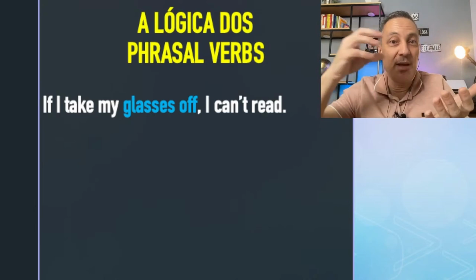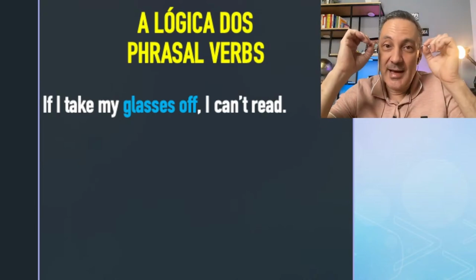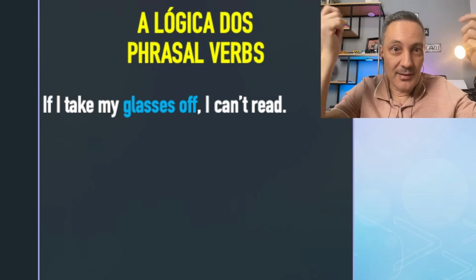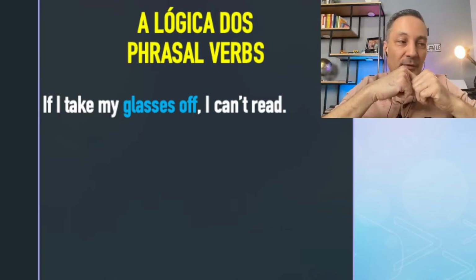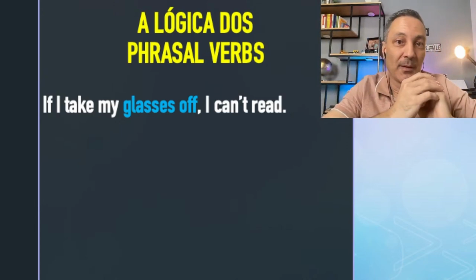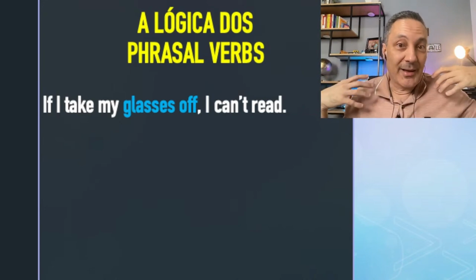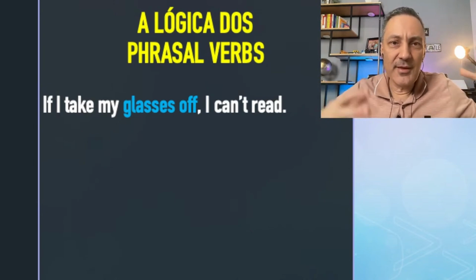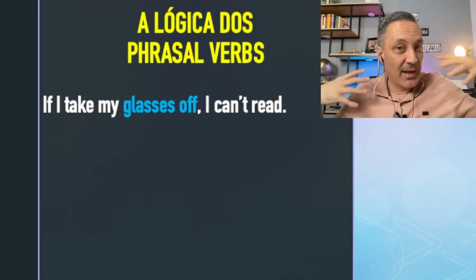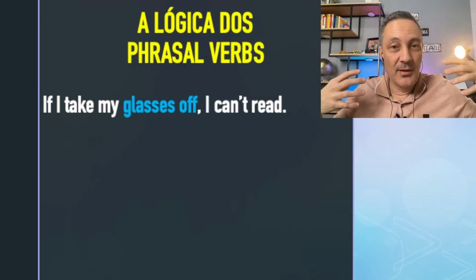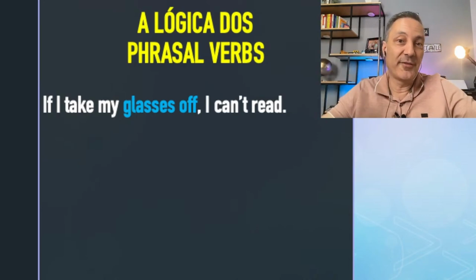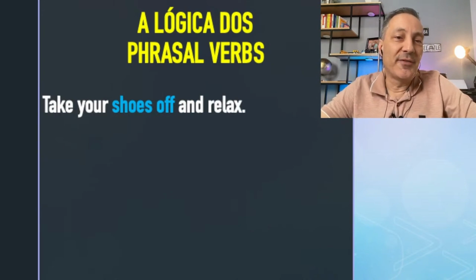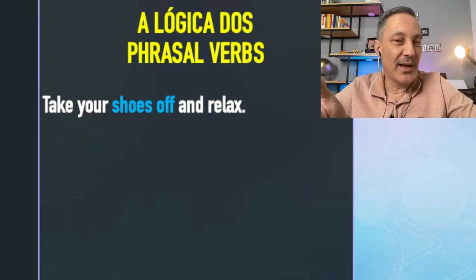And then you take it off. You can use it for your glasses, for a hat, a cap, for a ring, for anything on your body, for your clothes, for your shoes, anything you put on your body and you want to remove it, you can use the verb take off. Take your shoes off and relax.